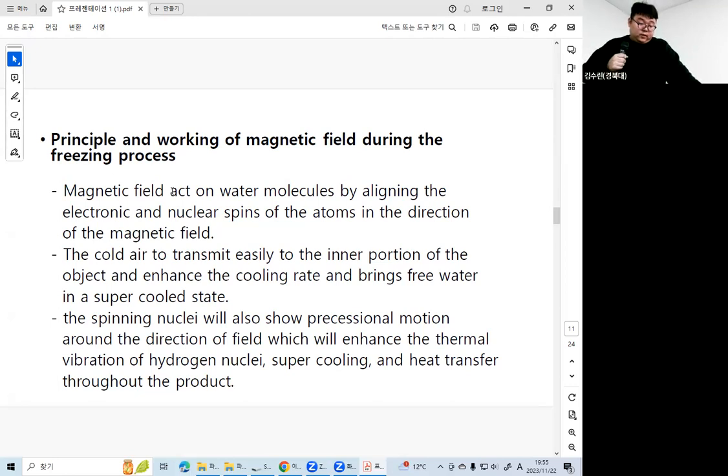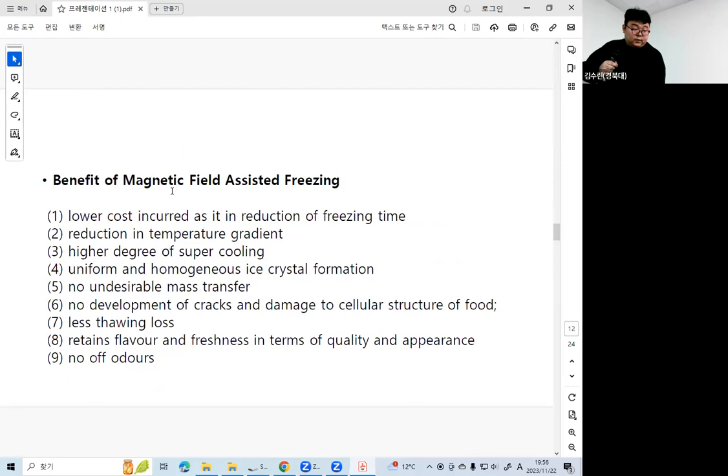The spinning nuclei will also show rotational motion around the direction of the field, which will enhance the thermal vibration of the hydrogen nuclei, supercooling, and heat transfer throughout the product.